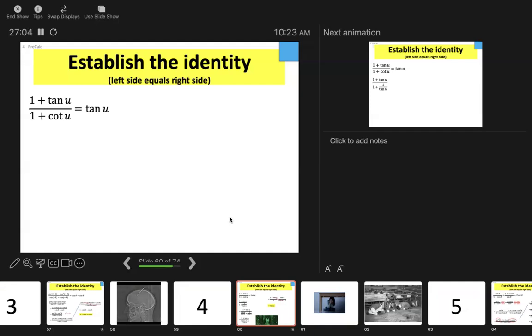She says cotangent can be written as 1/tan. Is that the path we want to go down, or do we want to go down another path? How should you determine whether this is the path we should go down? Look at where we're going. We're trying to turn the whole thing into tan.